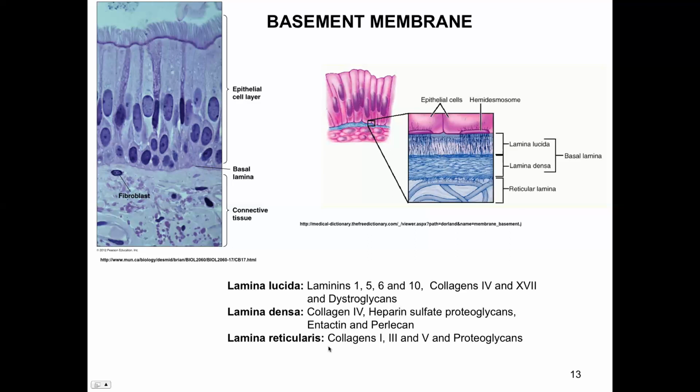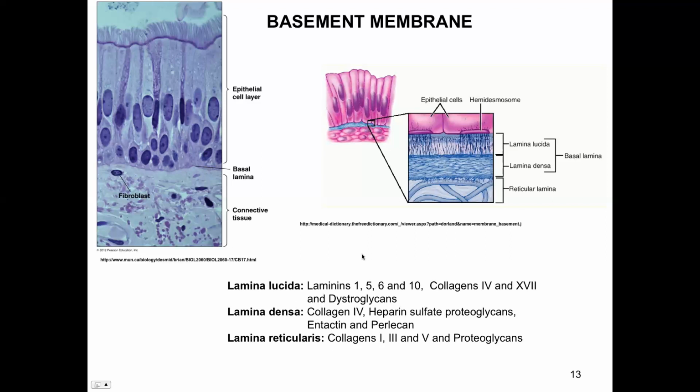And so here you can see in the lamina reticularis, or the reticular lamina, you've got collagens 1, 3, and 5. And then in the lamina densa, you can see collagen 4, right? And so on. And laminins, you can see there's different types as well, all right? This is more for you to just appreciate the detail and the complexity of what's happening here.